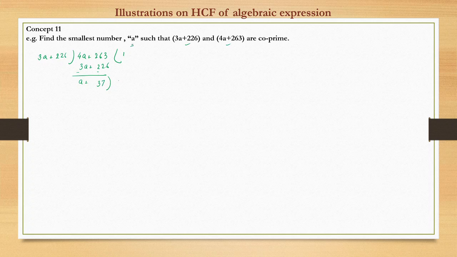Now this, okay, and certainly a, let's assume that a is greater than 0. Okay, so now this will take 3 times, so 3a plus, on subtraction, 115, right? So what we get is 115.